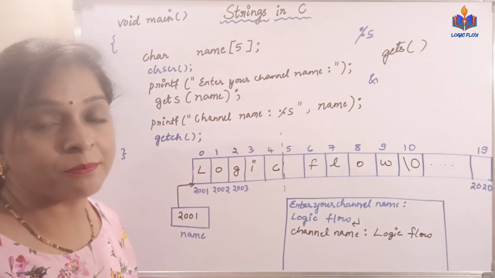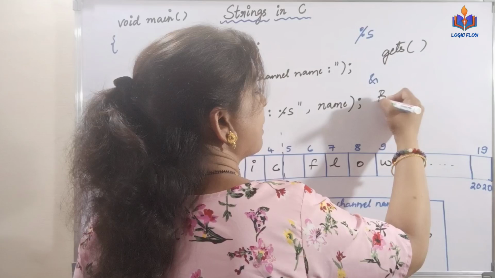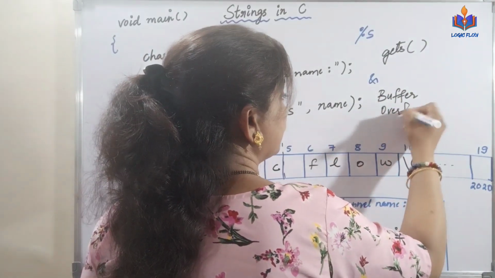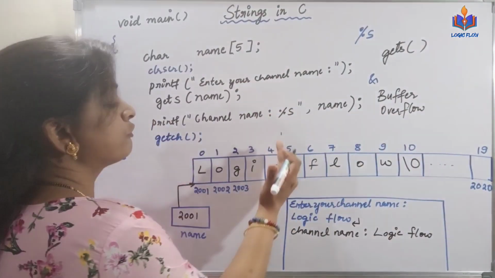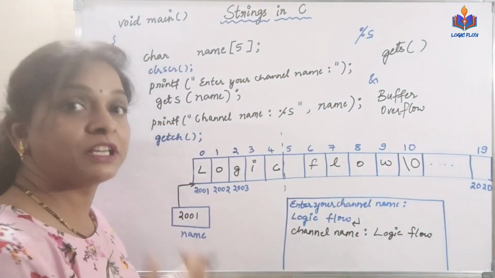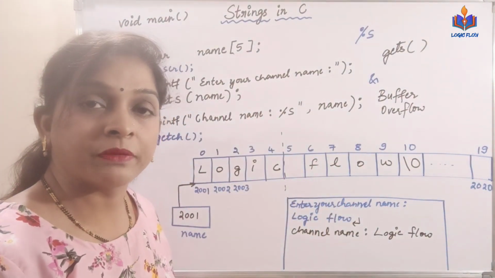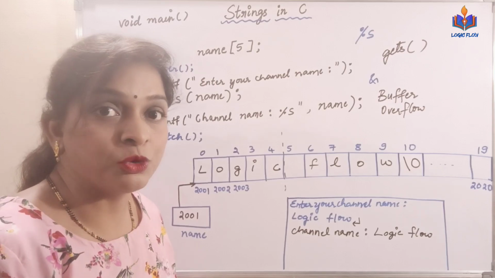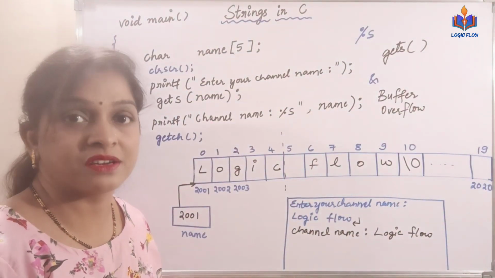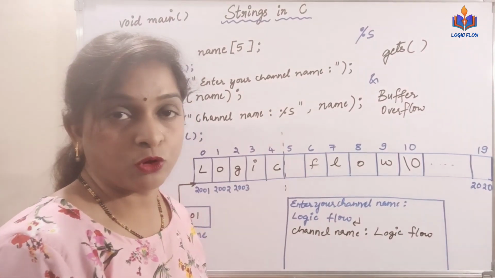So here what happens? You come across a concept called buffer overflow. You have the buffer only up to 4, but it overflows. Even then it is going to store the values. But here, this memory may be used by some other program and your value will be overwritten. So your memory is at risk and you are interfering with other programs' memory also.